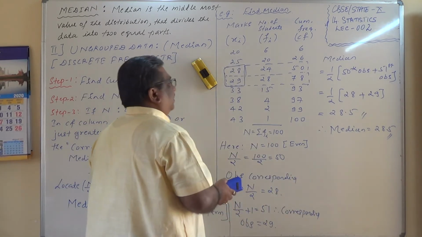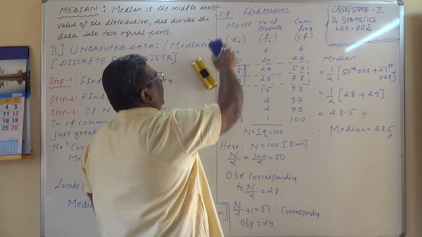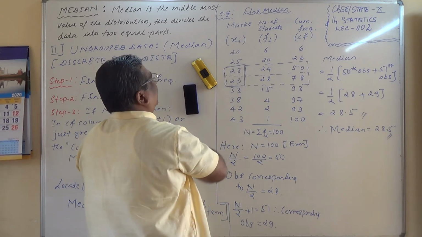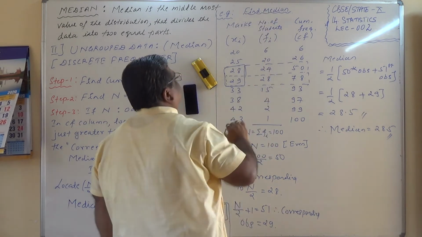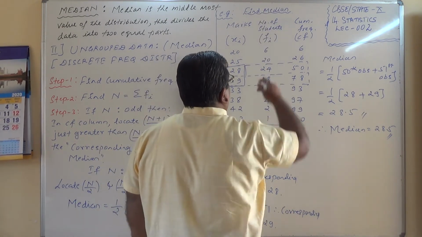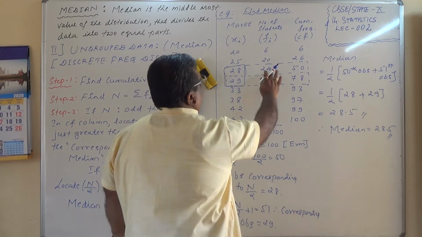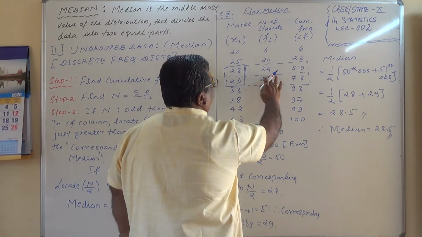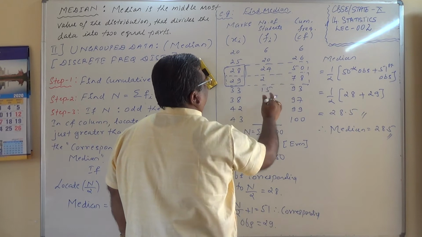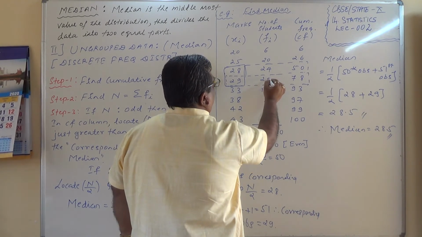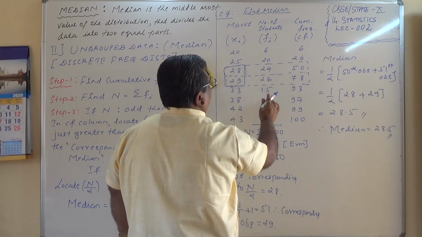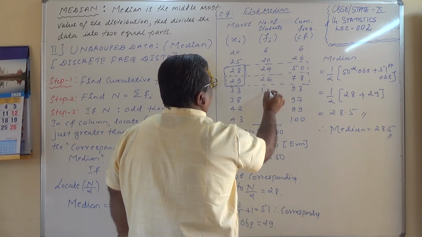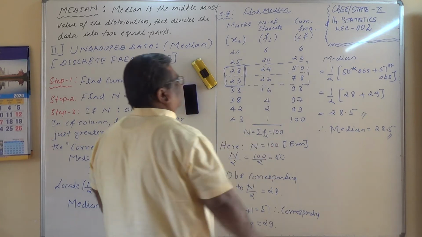Now what I will do here is the next example. You can change this to example 1 or example 2, whatever this is. Find the median of the following data. Here I will make this 26 and this I'll make it 16.